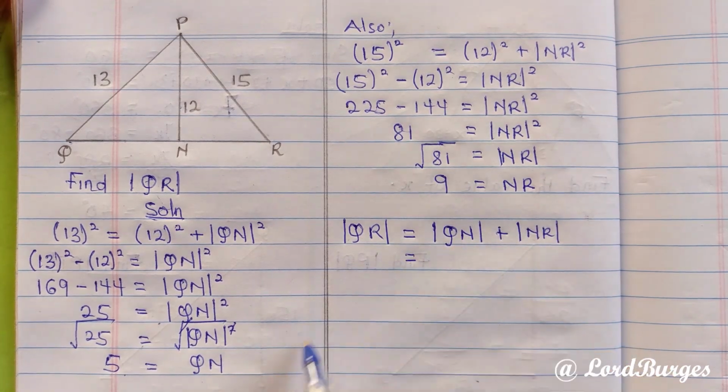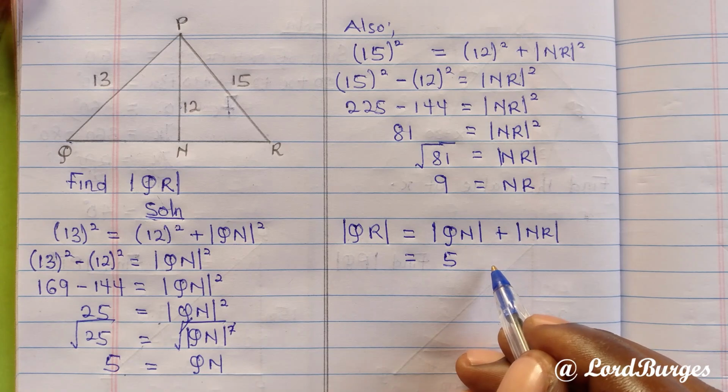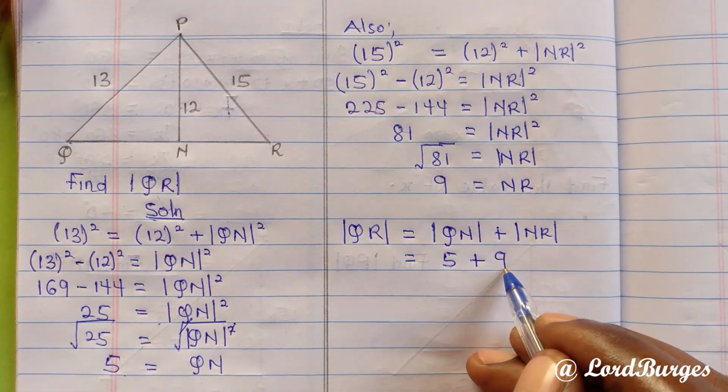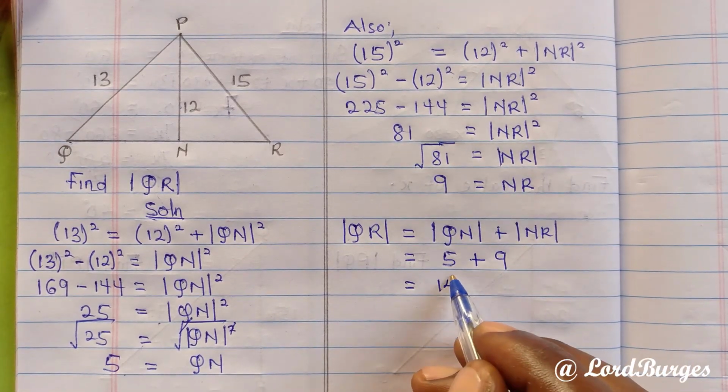The length of QN that we found was 5 plus NR was 9. That results in 14.